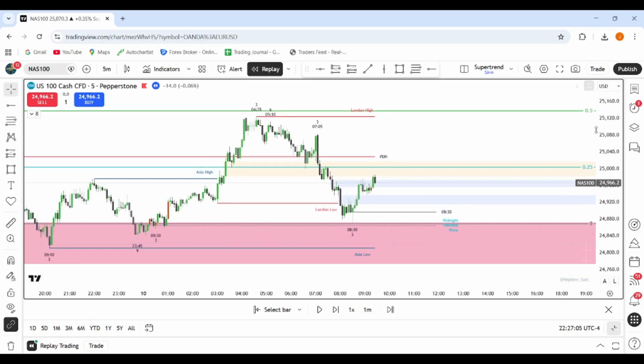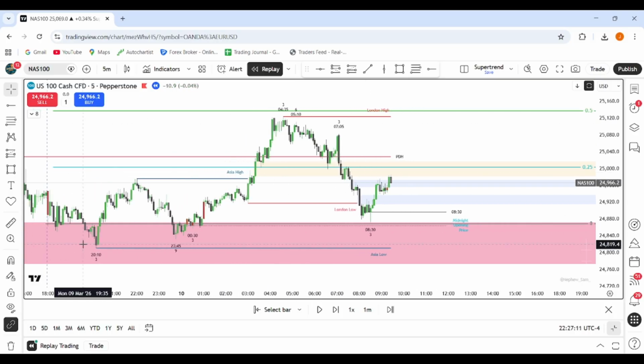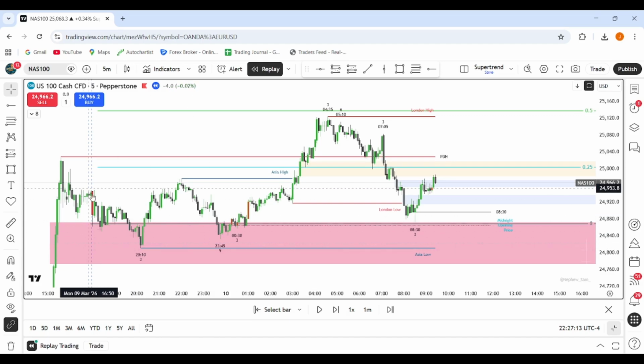I'm still on the 5-minute chart, but as you can see here, from last night we've gone back and forth just outside of this top fair value gap.